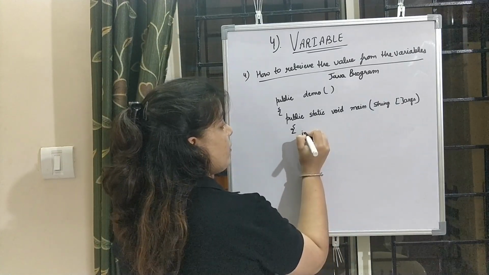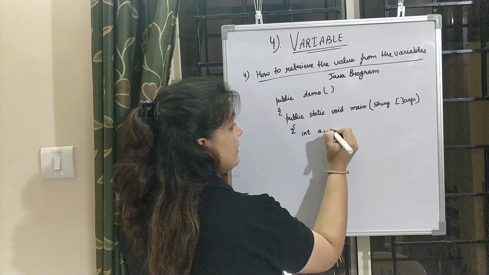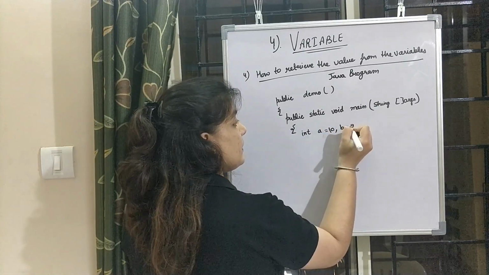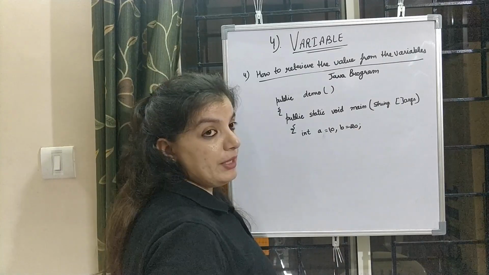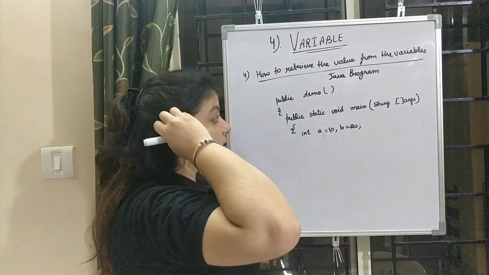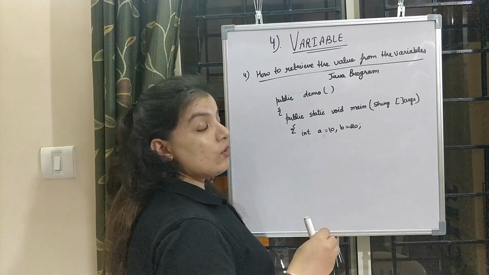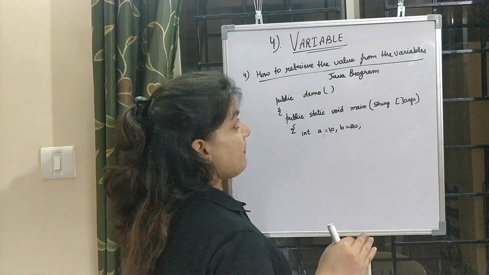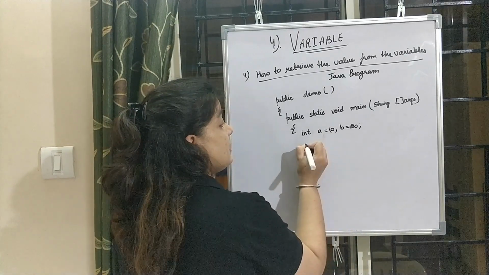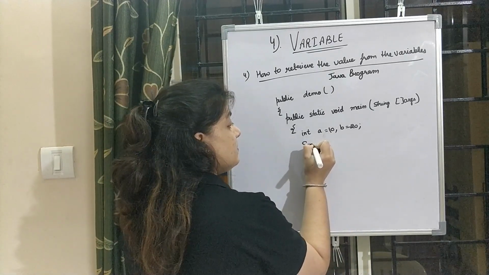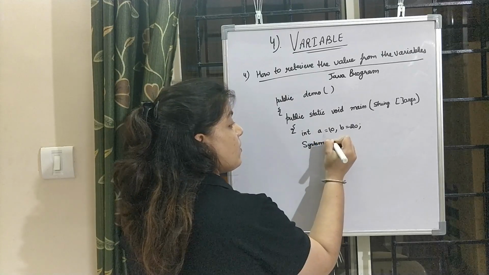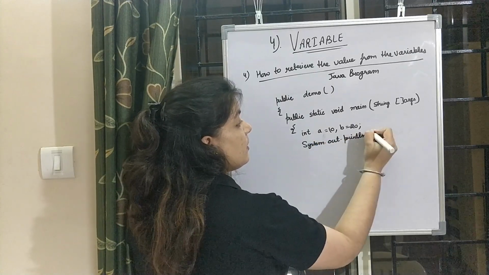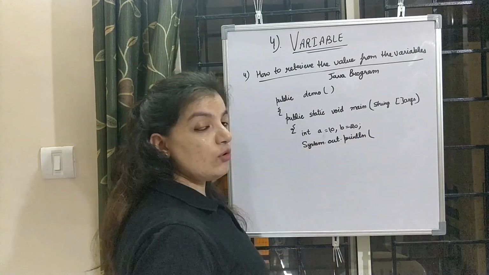Now we need to declare the variable int a, and we need to store values also. a = 10, b = 20. Now I want to print. Like in my syntax video, I showed how to print hello world using Java. So here we are using the statement System.out.println, and now we want to print the value of a.